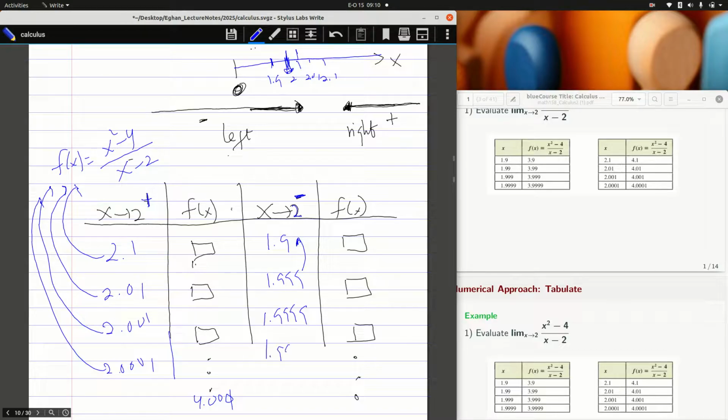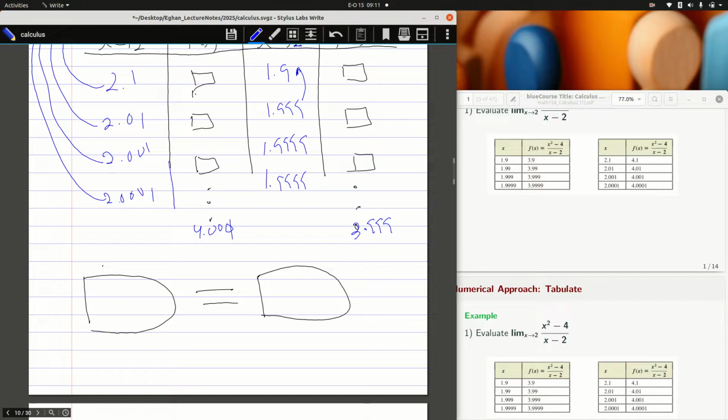This is almost close to 2. And if I do the substitutions of these values into the function of x, it is estimated to be almost 3.999. And so we can conclude that at the end of the day, the limit as x approaches 2 from the positive side of the function, and the limit as x approaches 2 from the negative side of the function are all equal to 4.